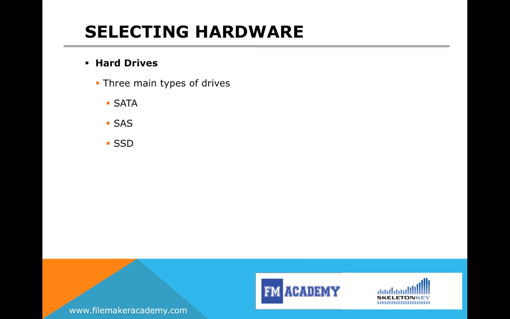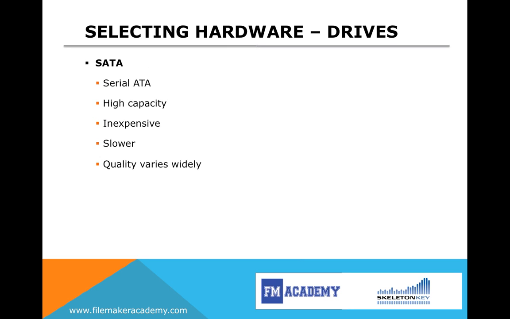All right, hard drive types. There are 3 main types of drives that you're going to encounter these days: SATA, SAS, and SSD. SATA, or serial ATA, is certainly the most common drive that you'll see out there. These tend to be high capacity. They're relatively inexpensive.